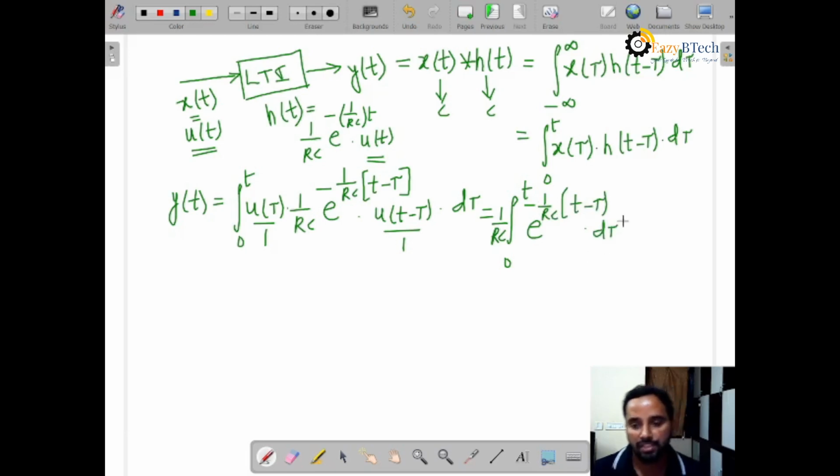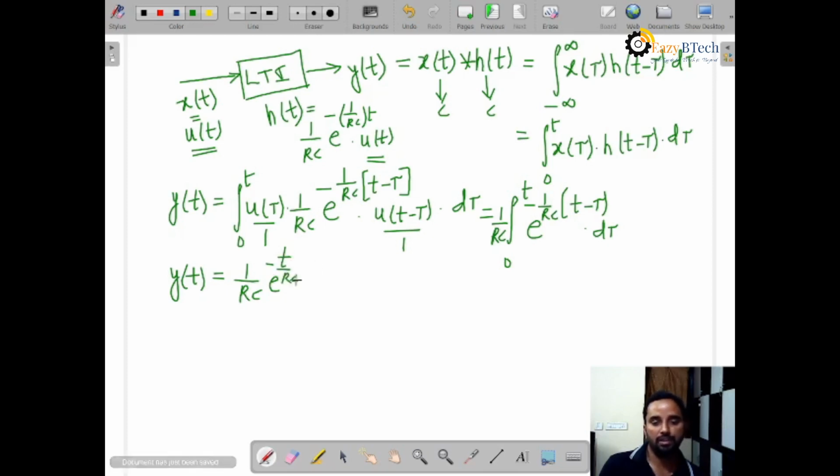So integration is with respect to tau. So keep tau inside the integral. y of t equal to 1 by RC and e to the power minus t by RC, we can write outside the integral because it is not tau. So e power minus t by RC and integral 0 to t e to the power plus tau by RC d tau.